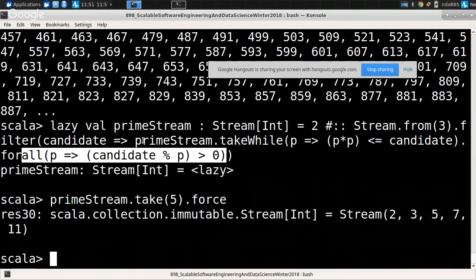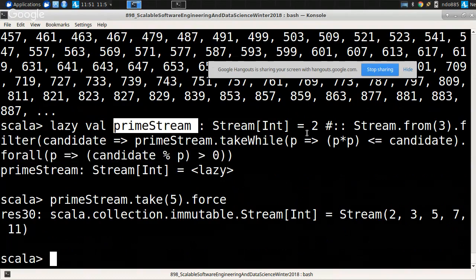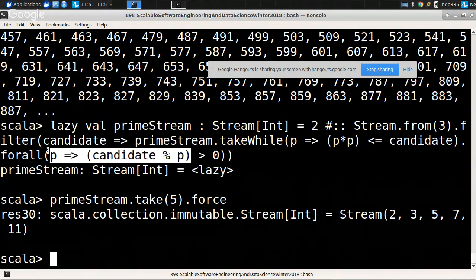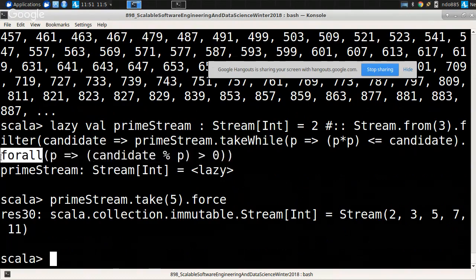So we are adding to prime stream over time successive values for which none of the previous values of prime stream divide evenly into it. They would divide evenly into it if candidate mod P equals 0. That's why I say for all here, it is a for all predicate.